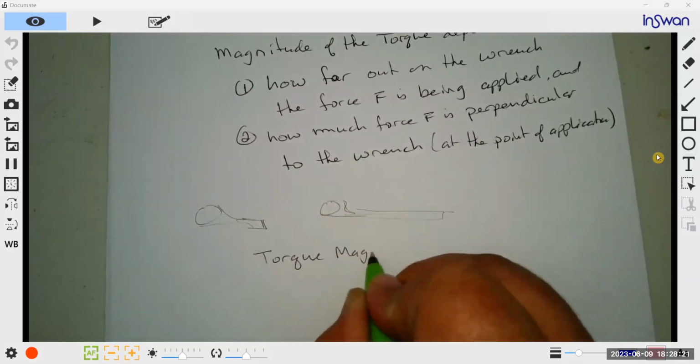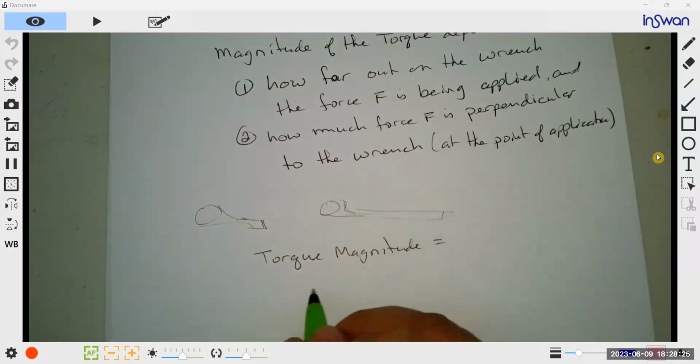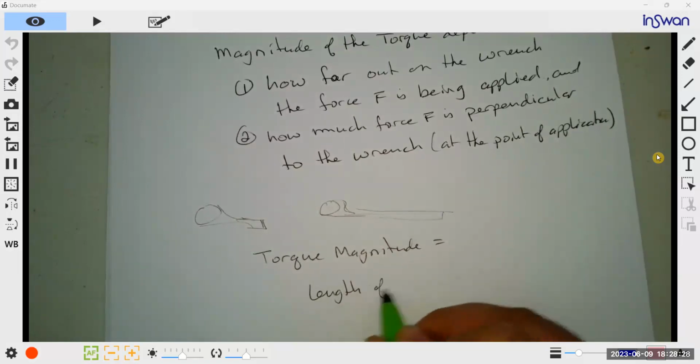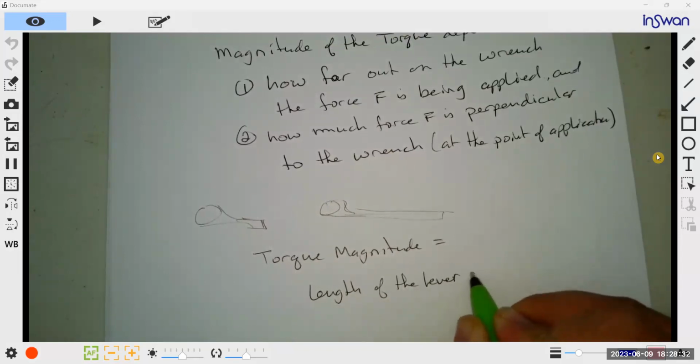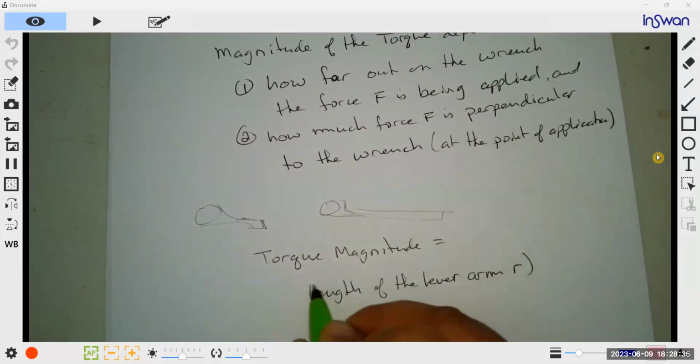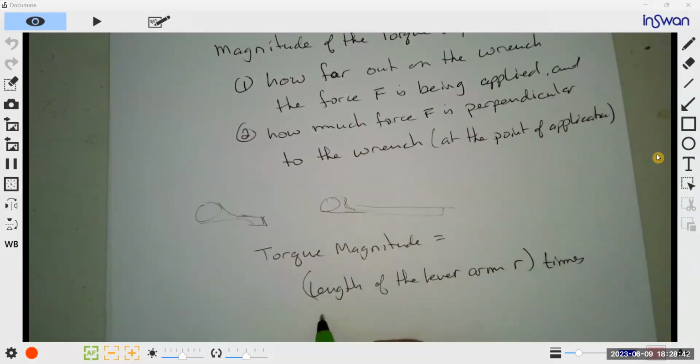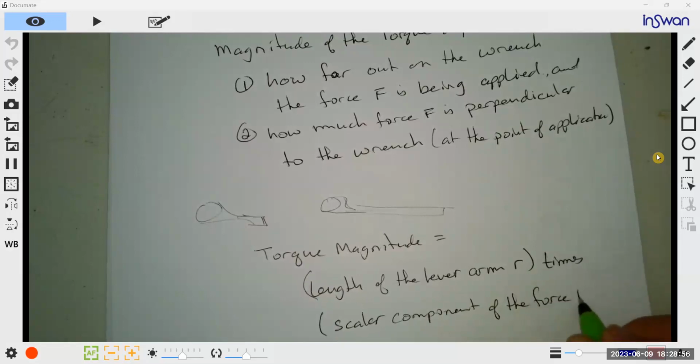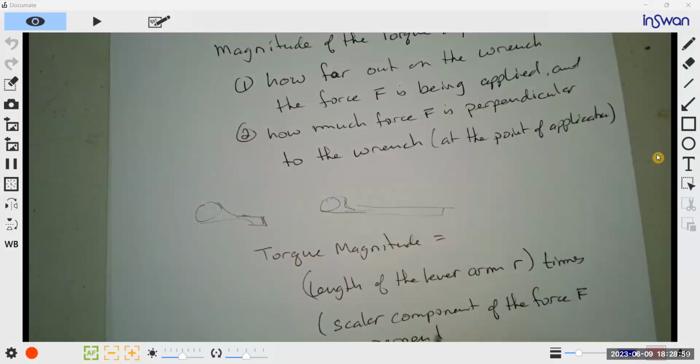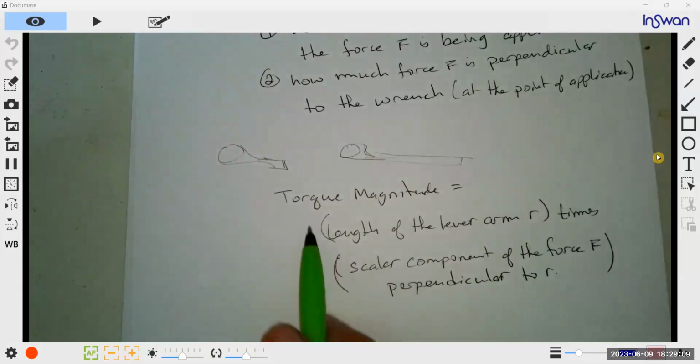So the torque magnitude equals the length of the lever arm, call it R, times the scalar component of the force F perpendicular to R. So that's where the torque magnitude is.